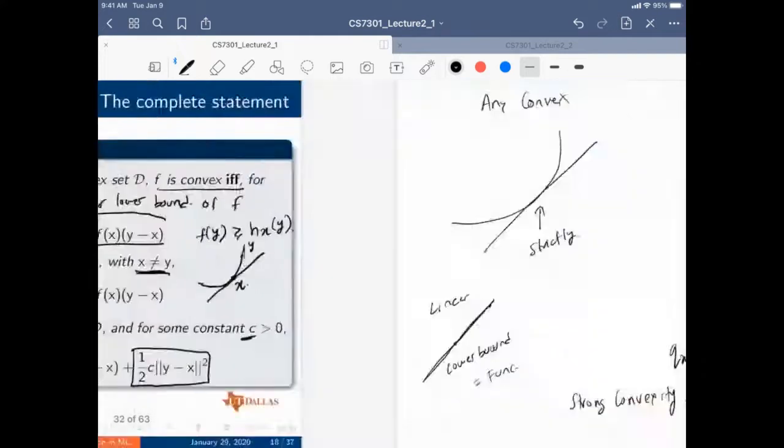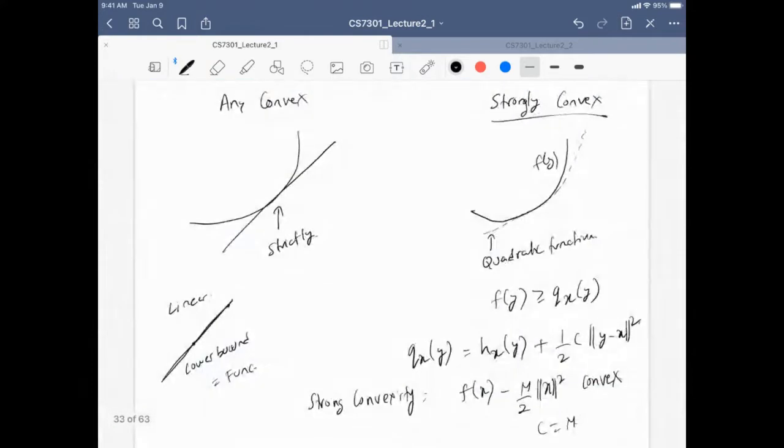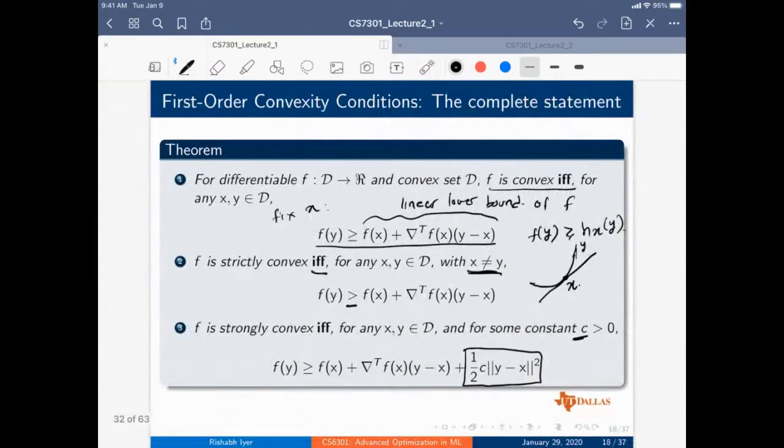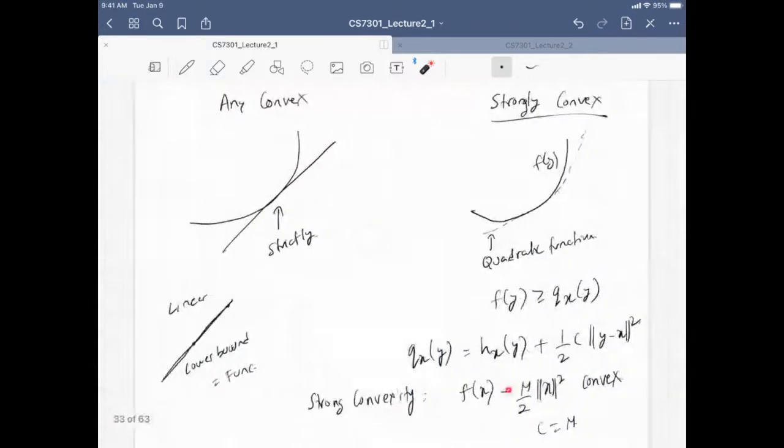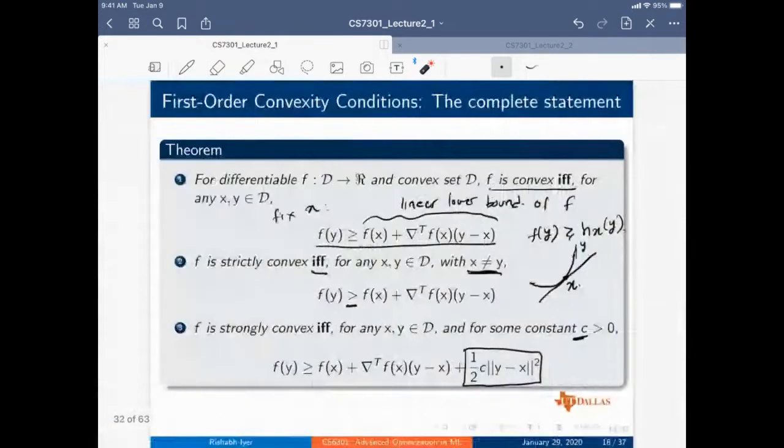The way you can prove this is to apply the first order convexity condition on f of x minus mu by 2 x square. All you're doing is applying this result on this term. The intuition is that even after subtracting this mu by 2 x square, we are still convex.